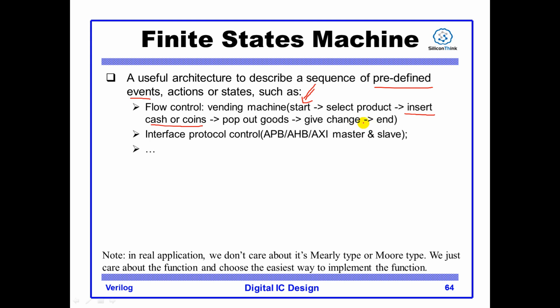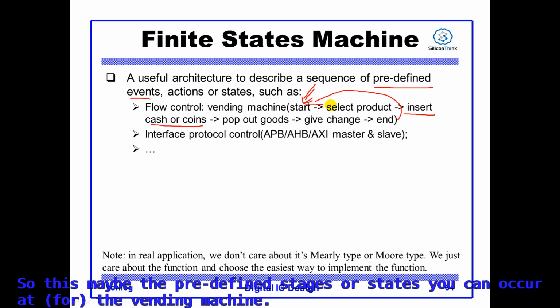At last, the machine will go to the end stage. That is, the whole process of this settlement is ended, and after the end, it will go to the start stage, waiting for the next customer to buy something. So these may be the predefined states that can occur in the vending machine.